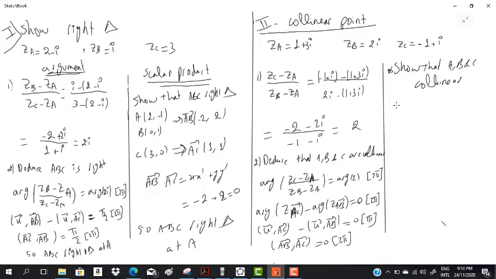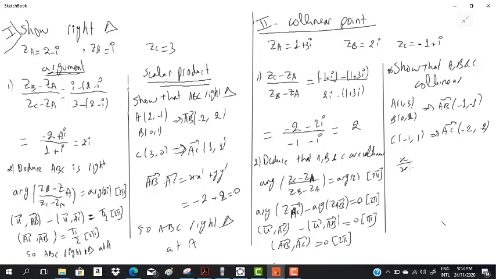Very simply, we can also find the coordinates of the vectors. A is (1, 3), B is (0, 2), so the coordinates of the vector AB are (minus 1, minus 1), and C is (minus 1, 1), so the coordinates of the vector AC are (minus 2, minus 2).